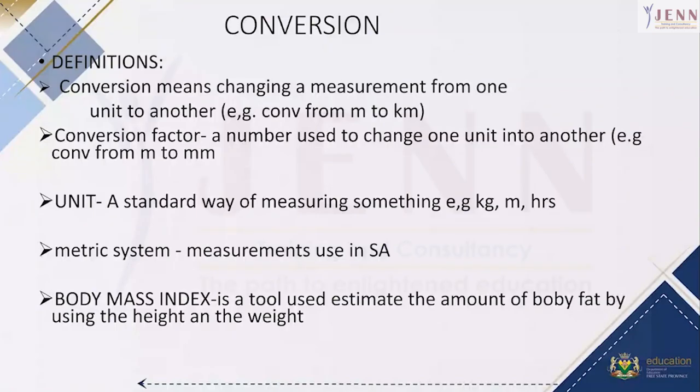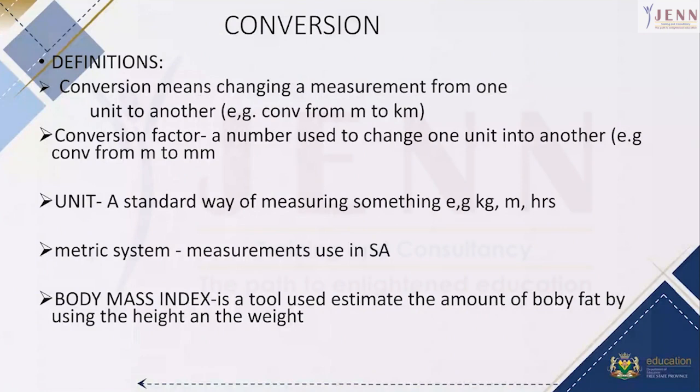Conversion factor is a number used to change one unit into another. For example, you can change a millimeter to a meter by multiplying by 1,000. That 1,000 is a conversion factor.